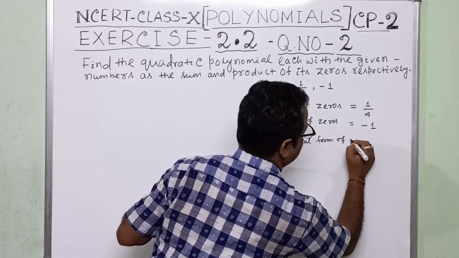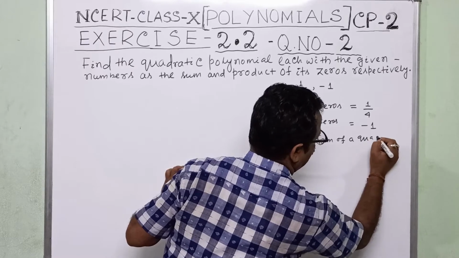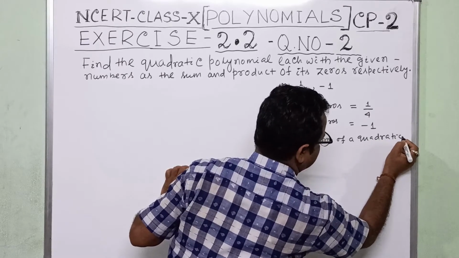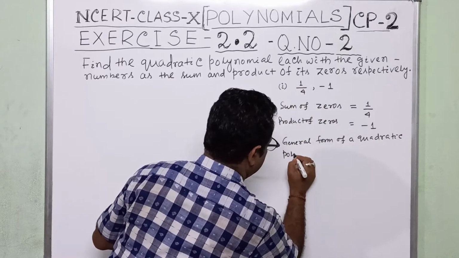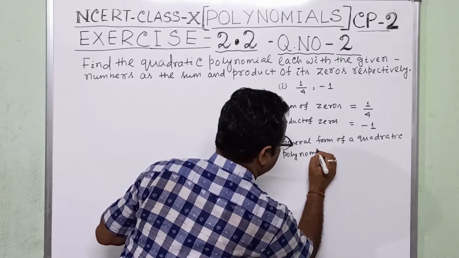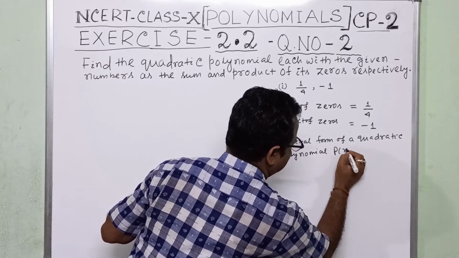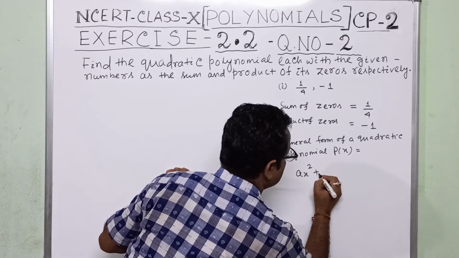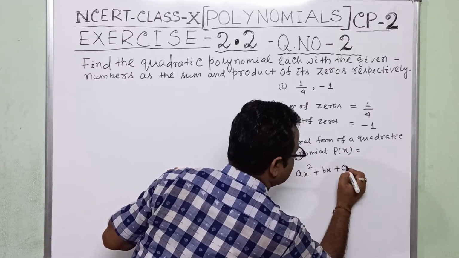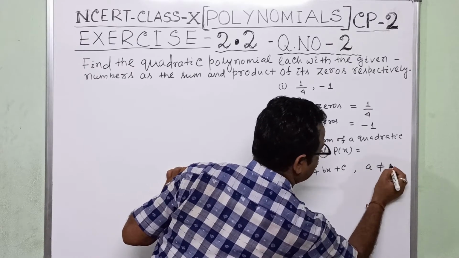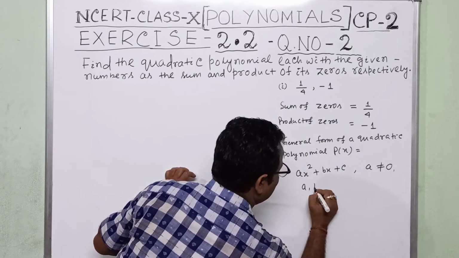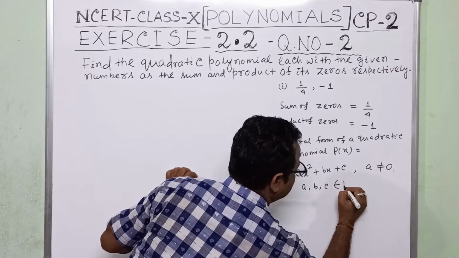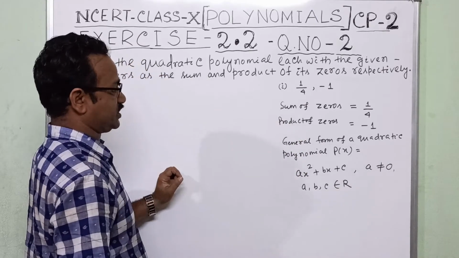So you know what is the general form of a quadratic polynomial: p(x) is equal to ax square plus bx plus c, a is not equal to 0, a, b, c element of real numbers. Okay.